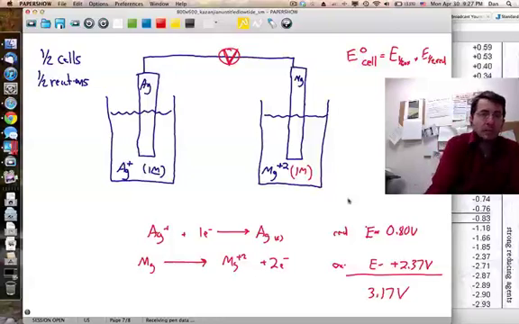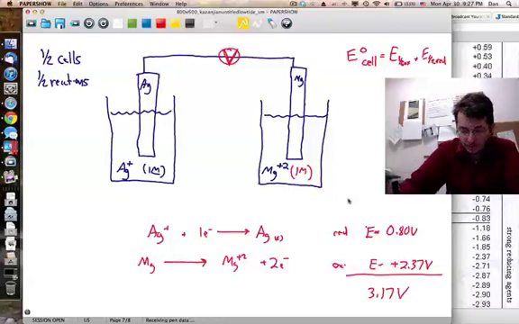So here's the problem. As this silver reaction is progressing, silver ions are going to be consumed in the process. The silver will plate out and need to suck up electrons for that to take place.